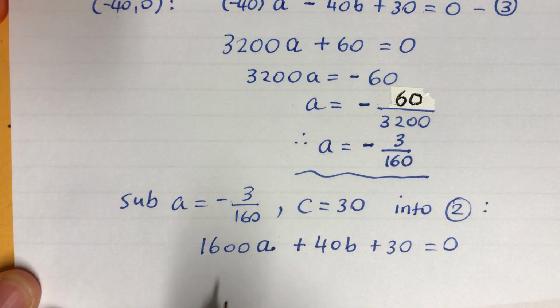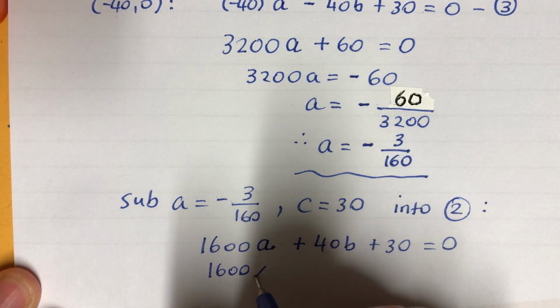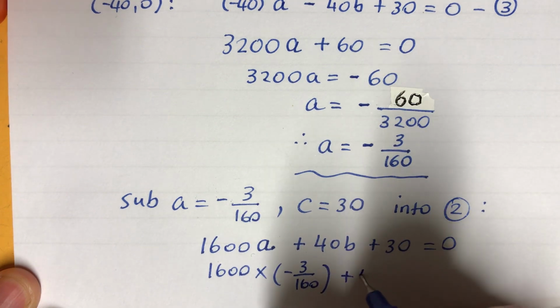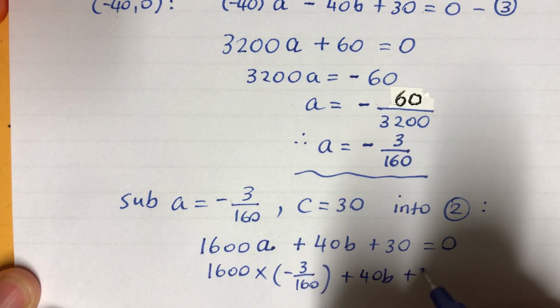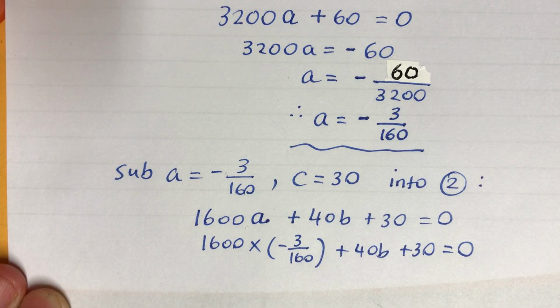But we have a here, so I'm going to do 1600 times minus 3 over 160 plus 40b plus 30 equals 0.